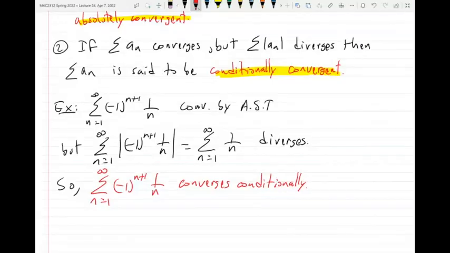Okay. So now we're going to do a couple of examples, and what 5.6 is about is just two tests that allow you to deduce absolute convergence. Because we don't have a test to deduce absolute convergence yet. If you want to check for absolute convergence, you need to look at the absolute values manually and then test that series individually. Now, there is a very nice test, called the ratio test, that allows you to immediately deduce absolute convergence.